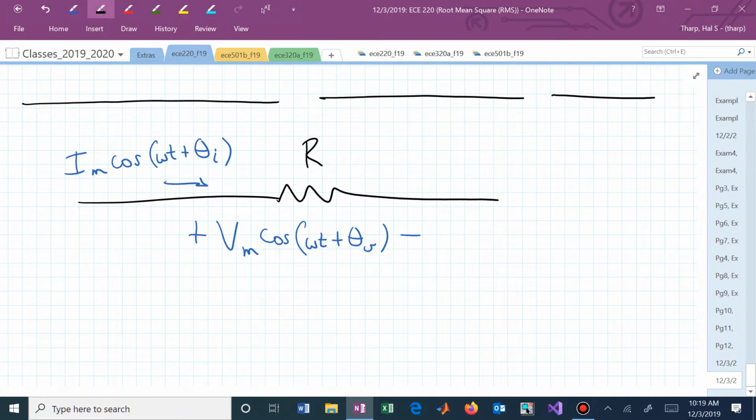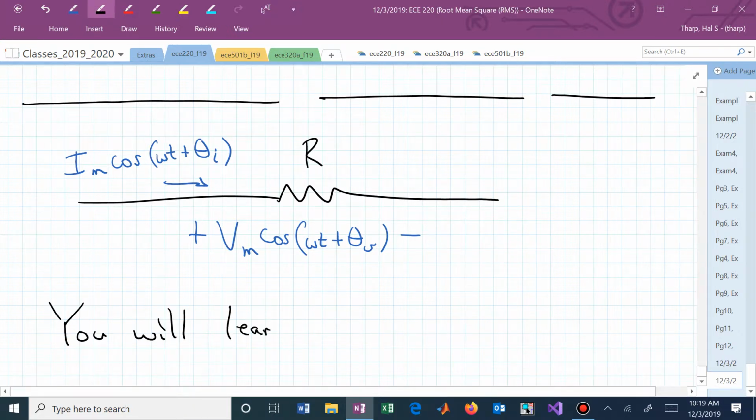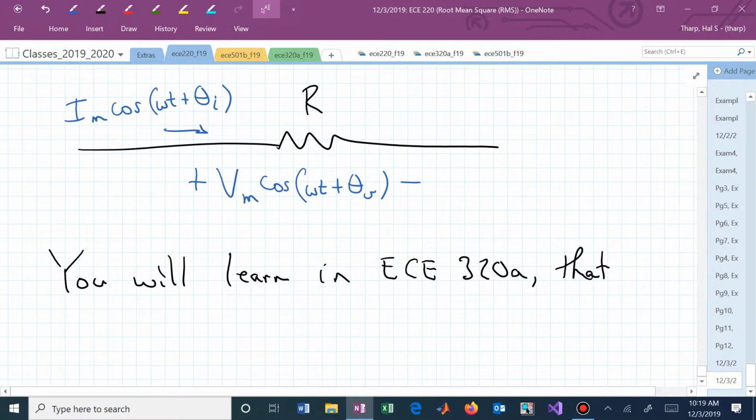And now in 320, you will learn those are the instantaneous current and voltage, but the average power of that resistor is just going to be the product of those instantaneous values, changed up a little bit.